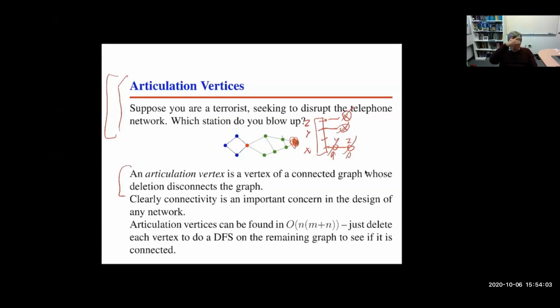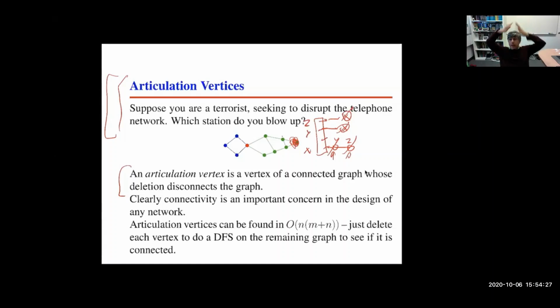So my claim is one way I could find a vertex whose deletion will disconnect the graph would be to, for i going from 1 to n, take the ith vertex, delete it, do a depth first search of the rest of the graph, and see whether I visit every other vertex.